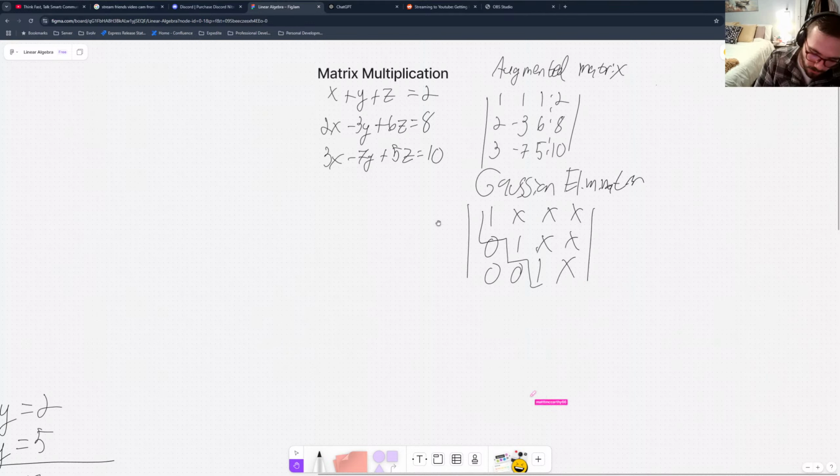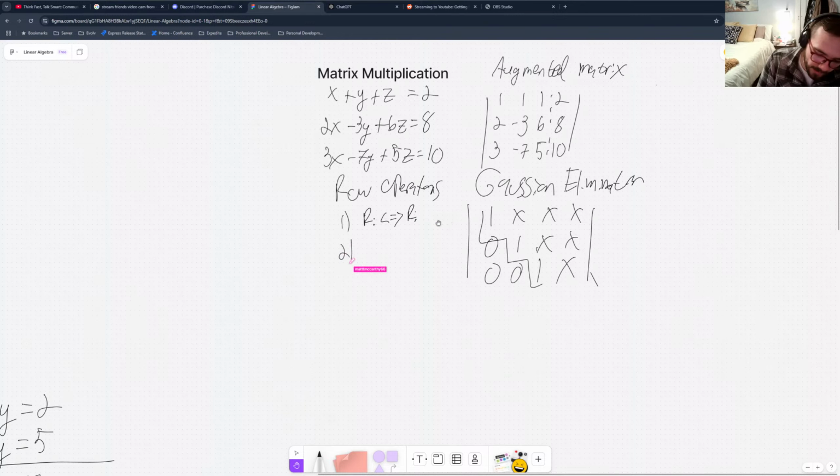And we used our row operations, which were that we could interchange any row, just like we could interchange any equation.